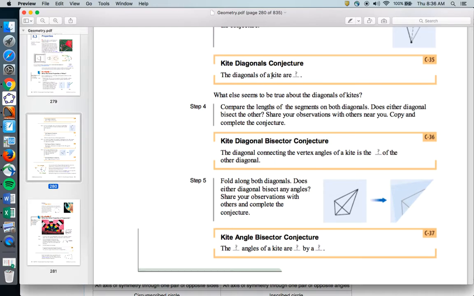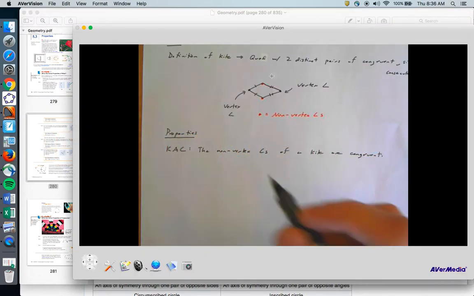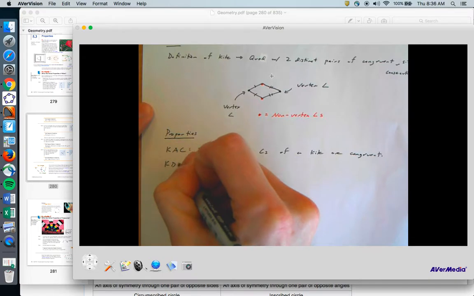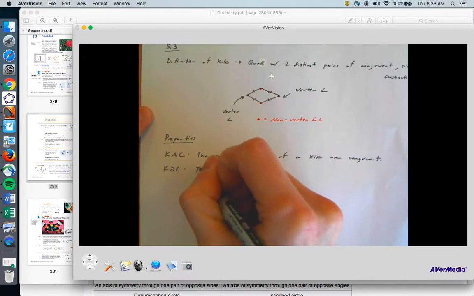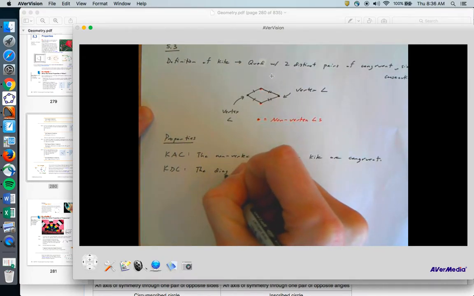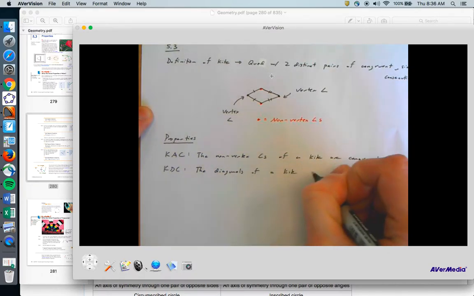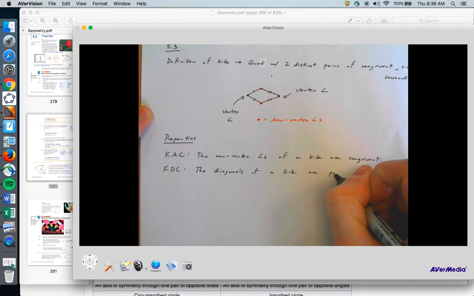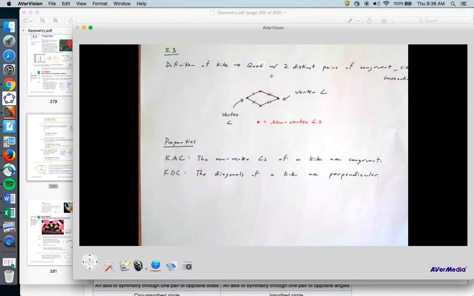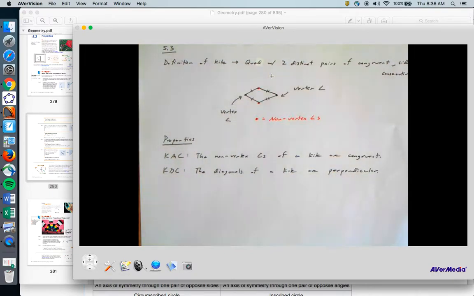KDC, kite diagonals conjecture: the diagonals of a kite are perpendicular. Could say orthogonal, it means the same thing. Nice result. Whenever we draw those diagonals, they meet at a 90-degree angle.